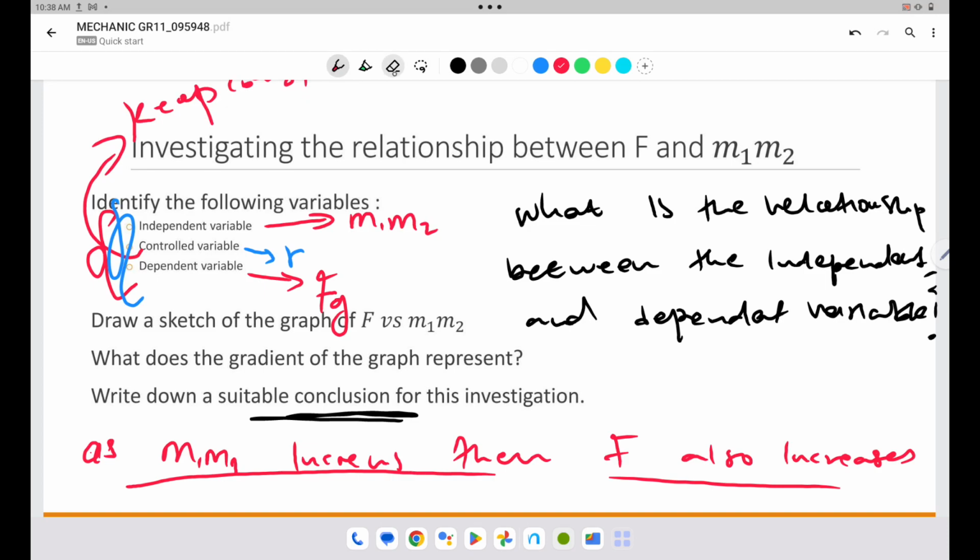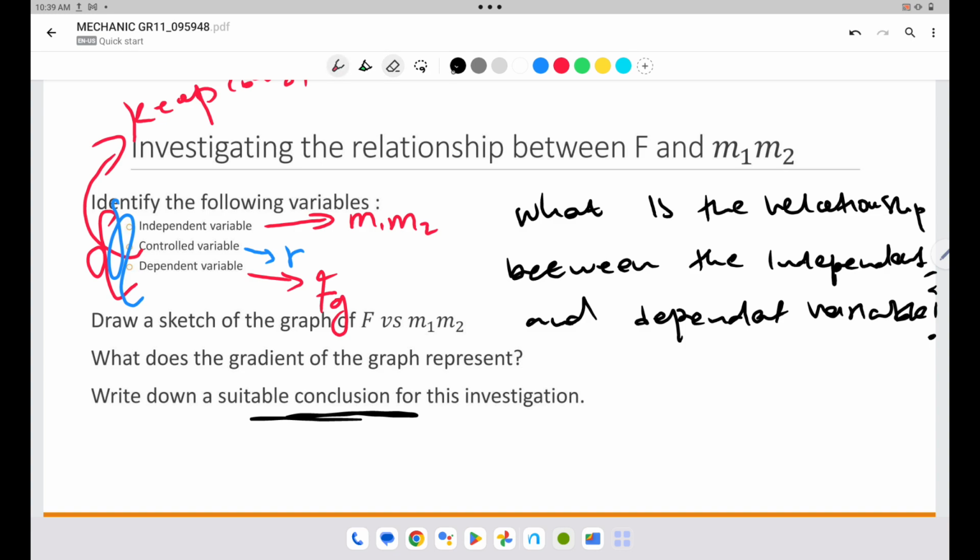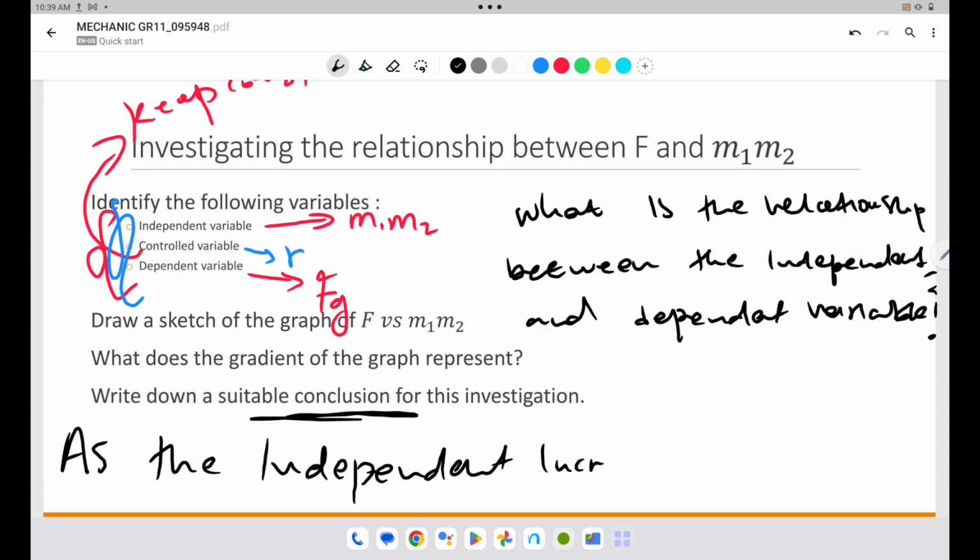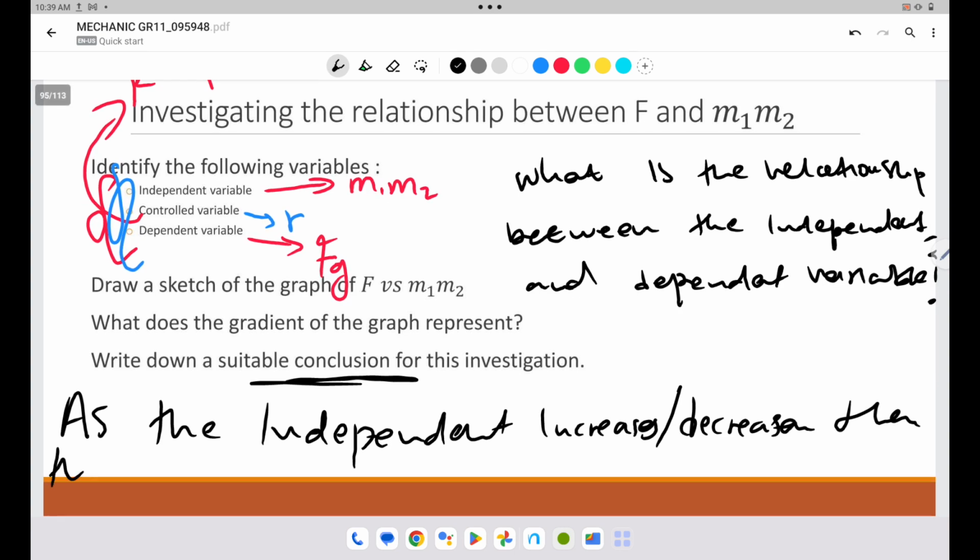What is important is, if you want to phrase the conclusion this way, then it takes the form: as the independent variable increases, you'll choose the correct word here, increases or decreases, then the dependent variable increases or it decreases, whichever one.